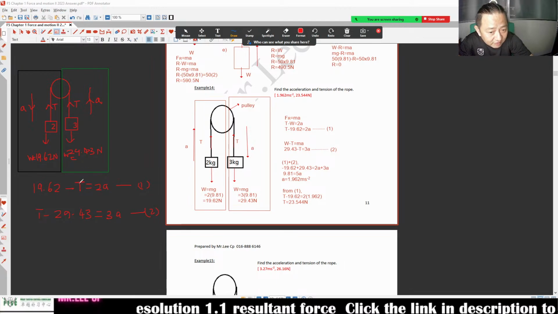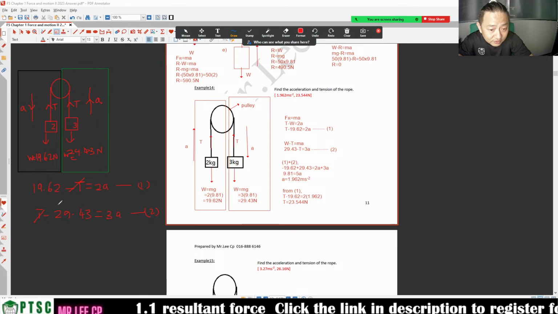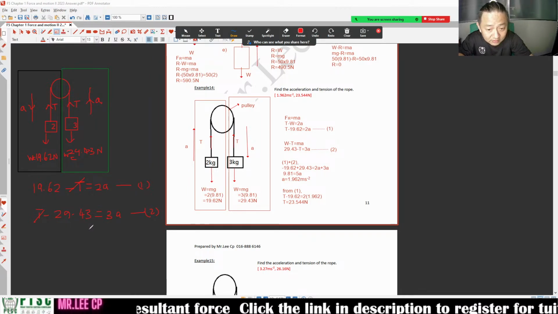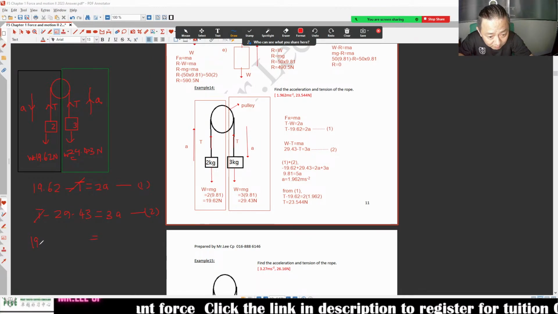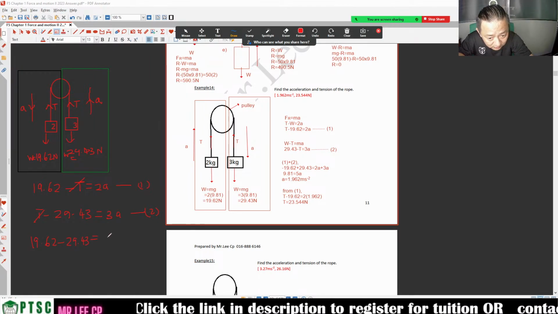Solve them. Negative T, positive T, cancel. 19.62 minus 29.43 is equal to 5A.